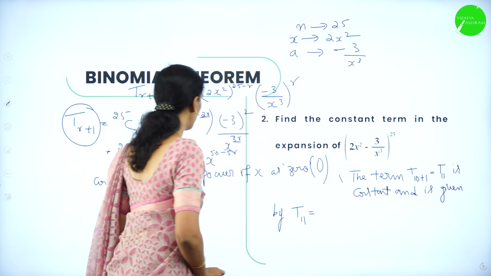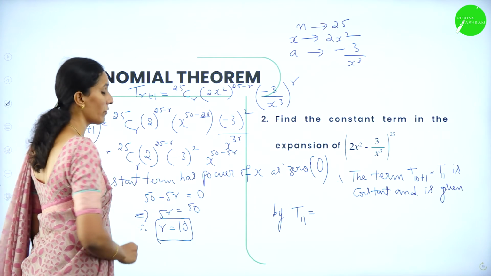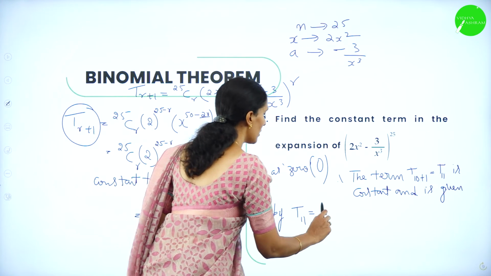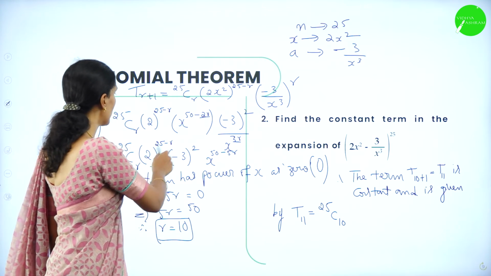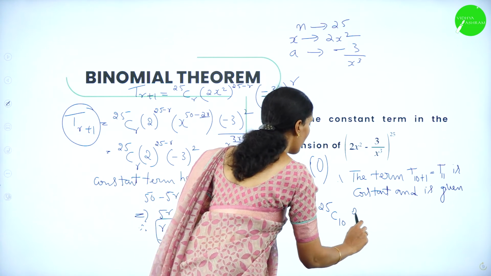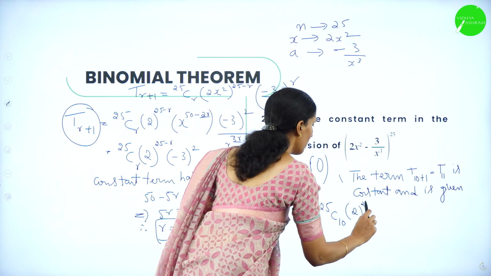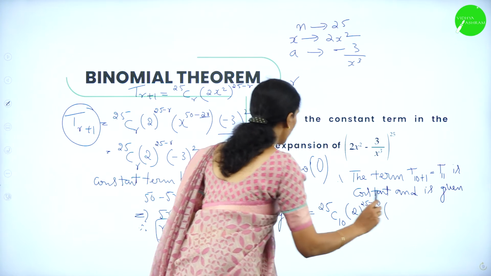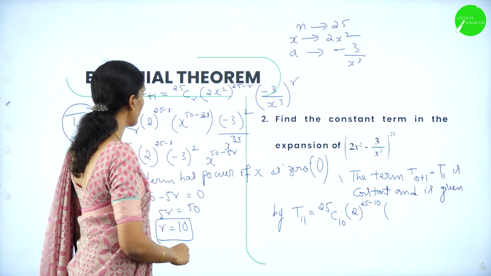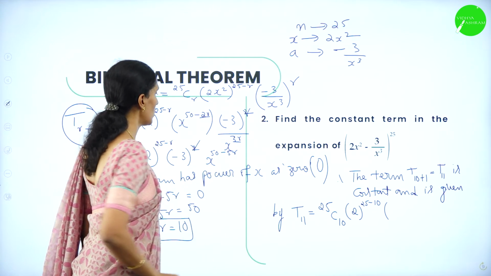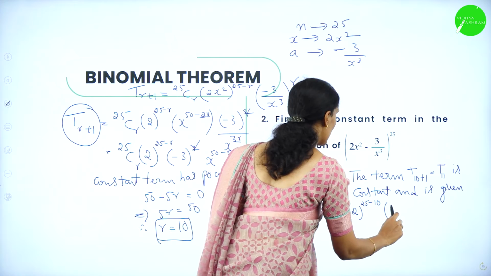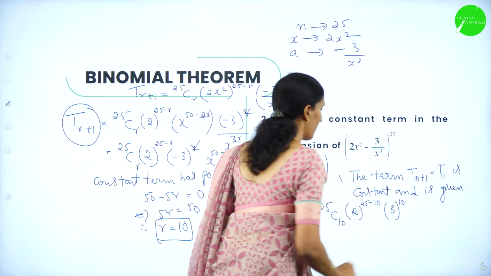T11 is equal to 25Cr, that is 25C10, 2 power 25−10, then we have (−3) power r, so (−3) power 10.